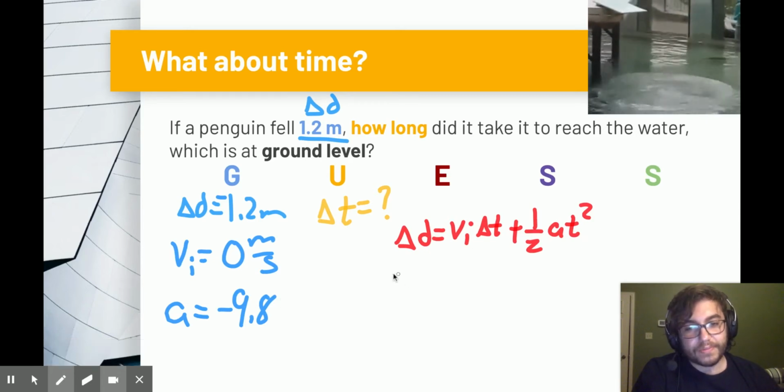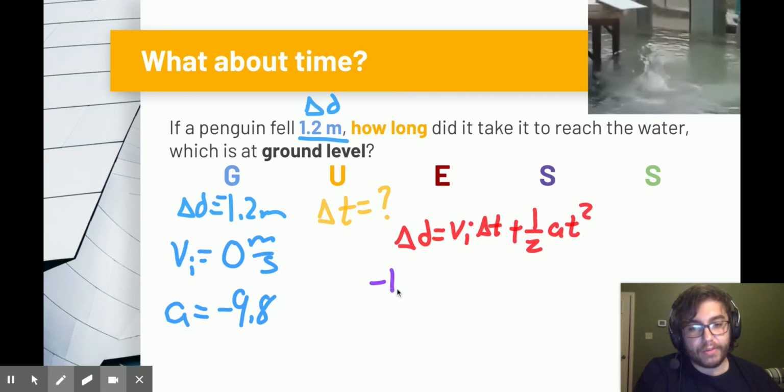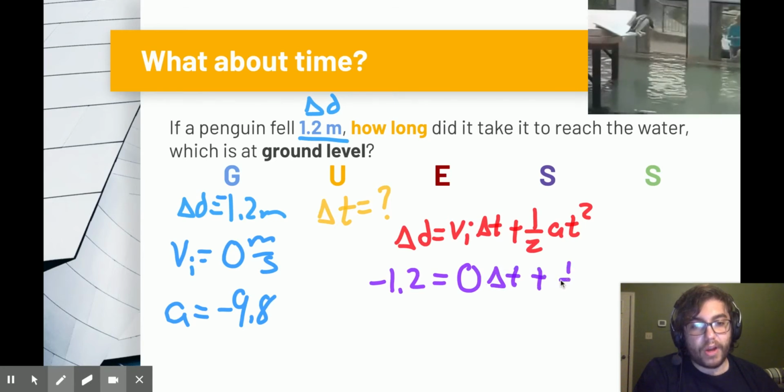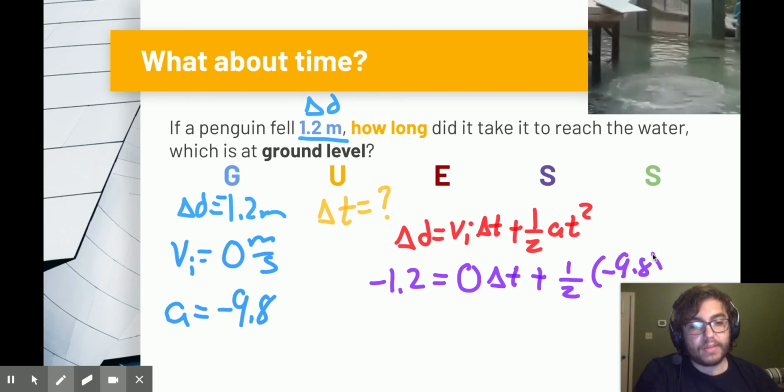All right. So displacement would be negative 1.2 is equal to 0 times t plus 1/2 times negative 9.8 times t squared.